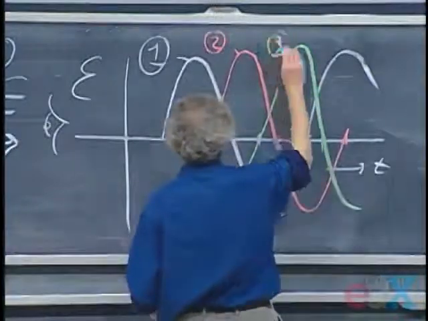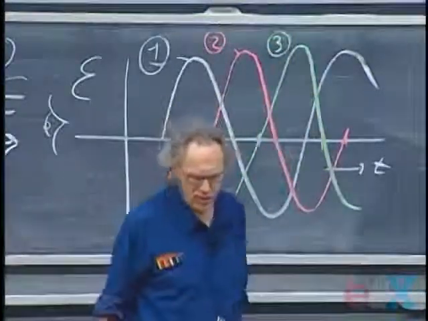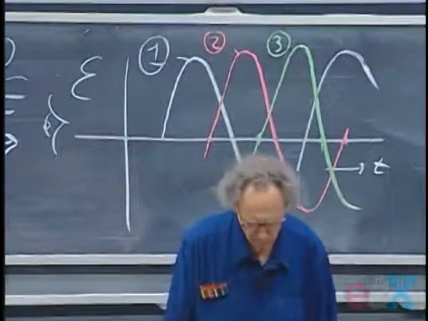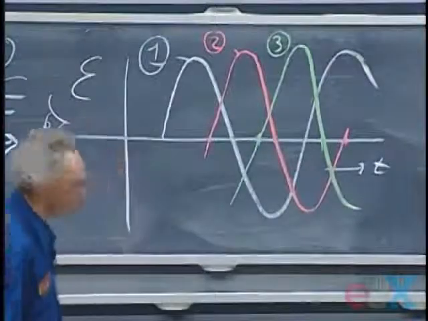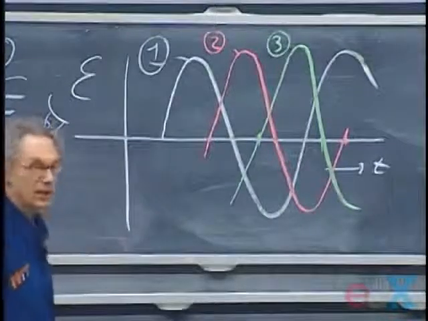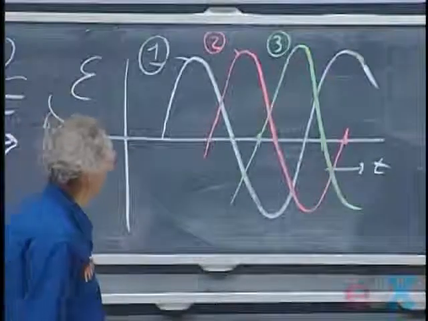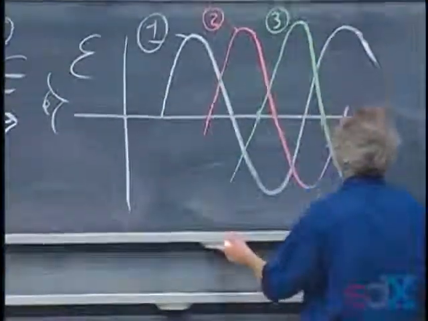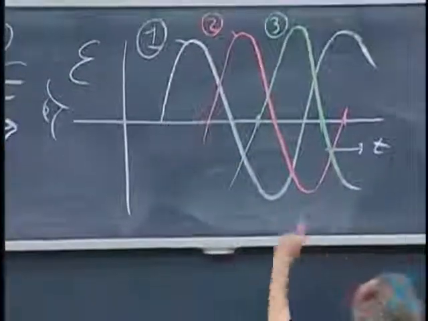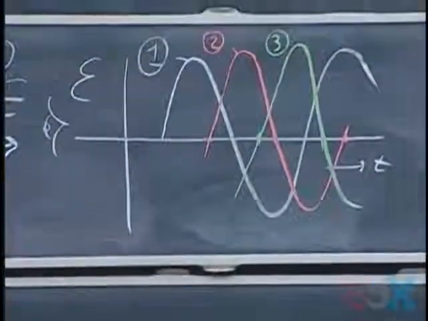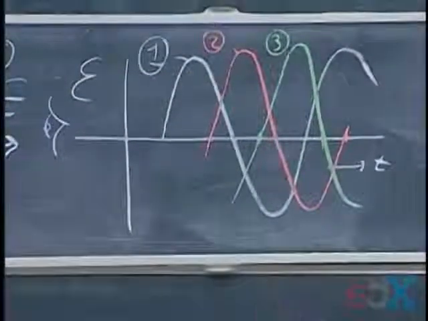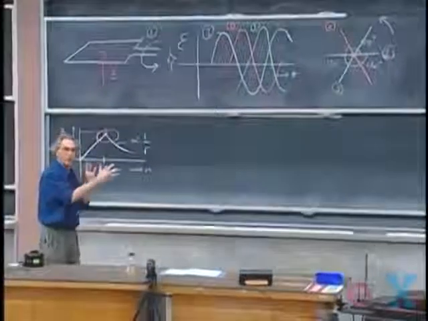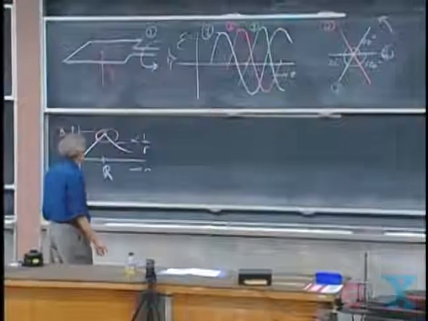Number 3. And this we call a 3-phase current. And a 3-phase current can produce a rotating magnetic field. We will make one for you, but I'll first explain to you how that works. So if the frequency of number 1 is 60 Hertz, then the frequency of number 2 is also 60 Hertz, and number 3 is also 60 Hertz, but they're just offset in terms of the phase angle.